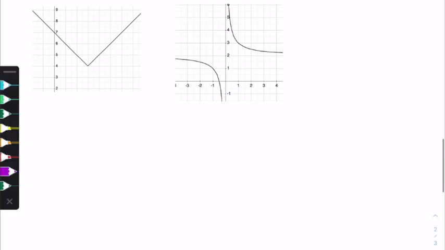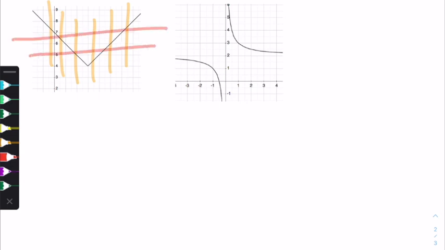Okay, let's take a look at this next one. So if we do vertical line test, passes. Horizontal line test, it fails. So it's not 1-to-1, because the inverse is not a function. But if we look at the original domain, we're going all the way left and all the way right as it's going up.